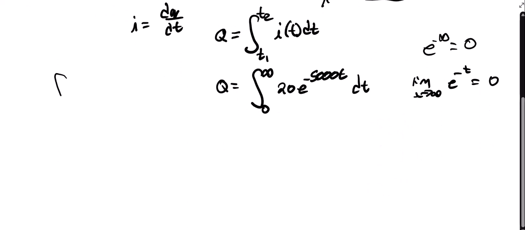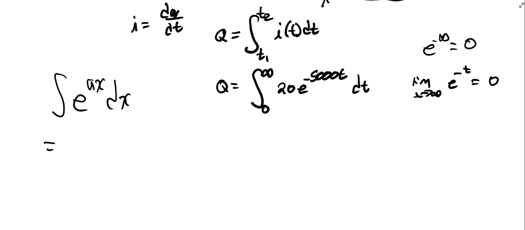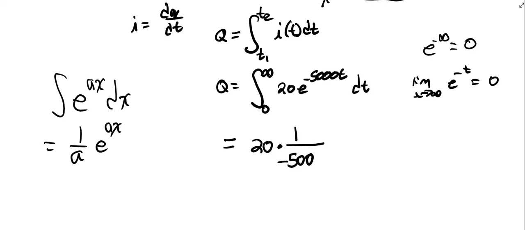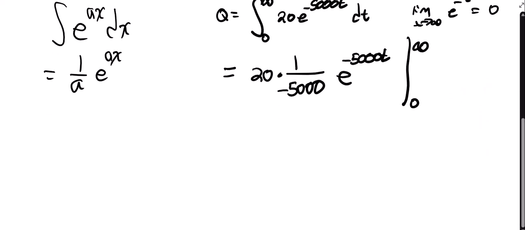So the integral of e to the ax dx is 1 over a times e to the ax. That's true as long as you just have an x. That would not be the case if it was x squared. So this integral is going to be 20 times 1 over negative 5,000 e to the negative 5,000 t from 0 to infinity.